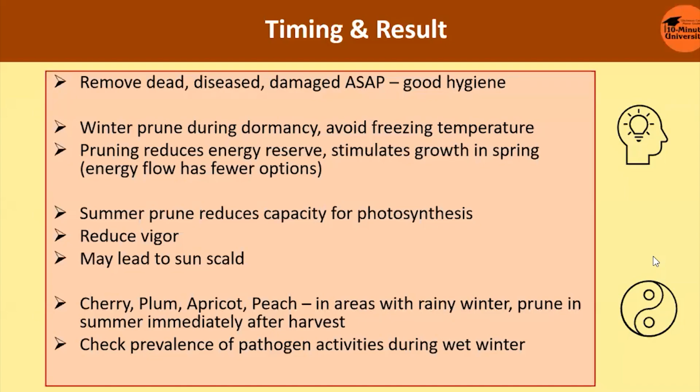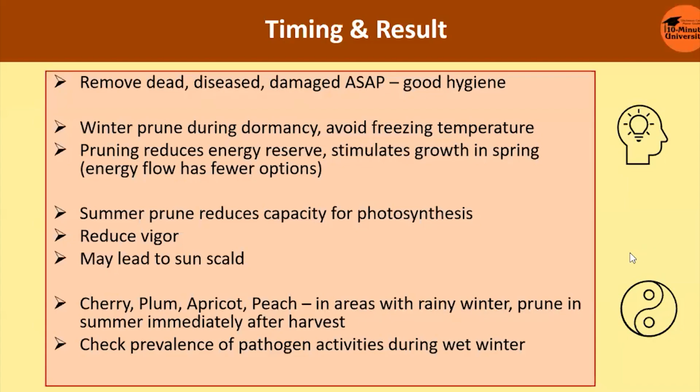And this is because the energy that is reserved in the tree, in the roots and in the stems, begins to flow out toward leaves in the spring. And when we make pruning cuts, we're reducing the potential areas to receive that energy. And as a result, we're going to get rampant growth in order for the energy to have an outlet.